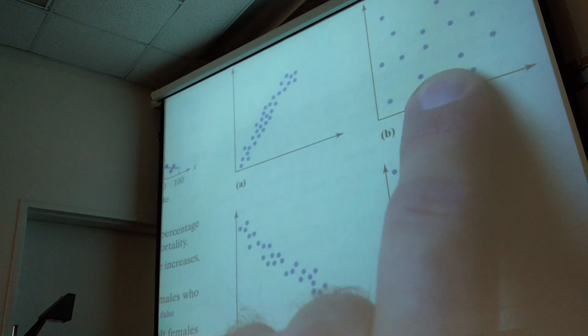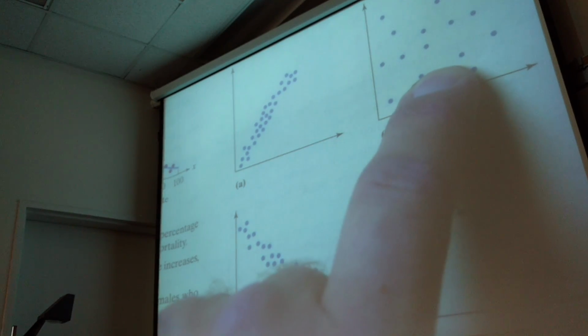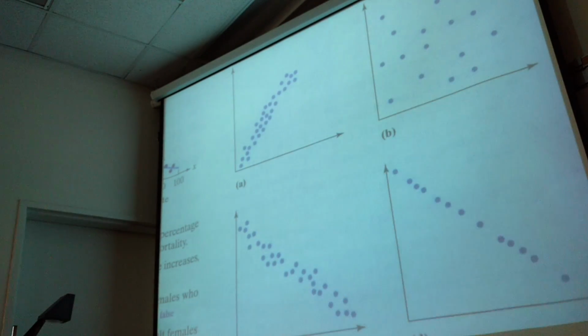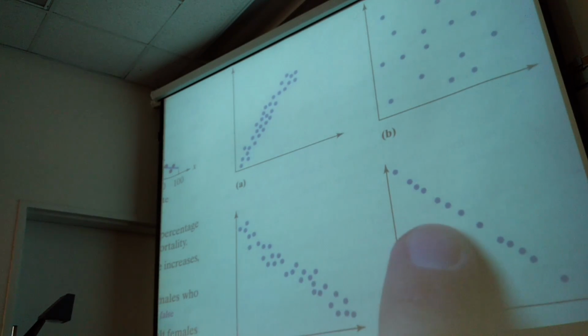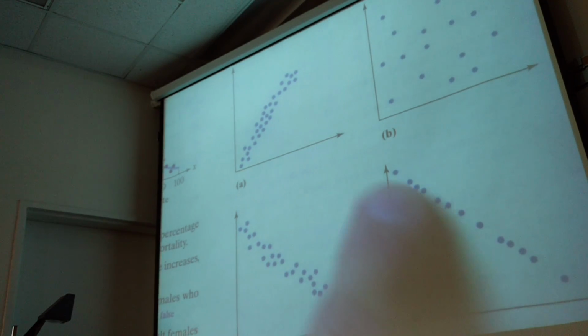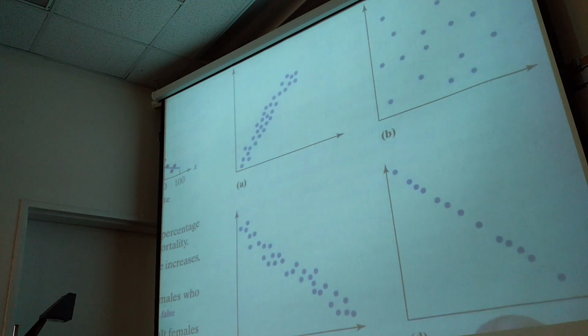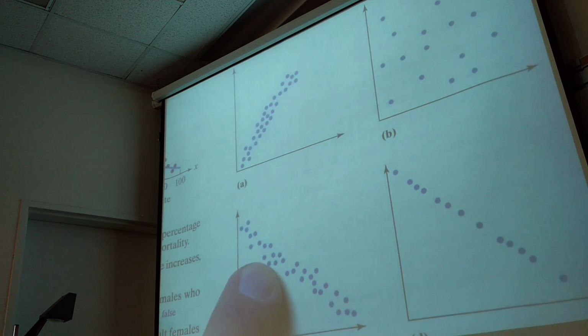This one is probably 0 or very close to it, right? So I can throw those two out. Now it's between these two. This one looks like it's probably R equal to negative 1, or very, very close to it. Maybe there's a little curve there. So this one looks like it's probably R equal to negative 0.9. That's the one that's got an R of negative 0.9.